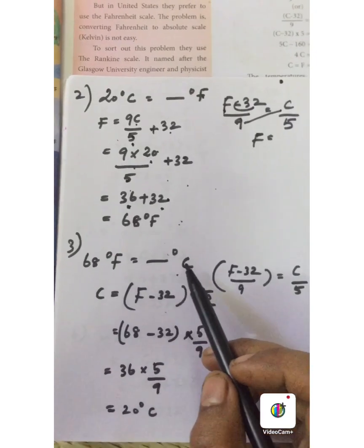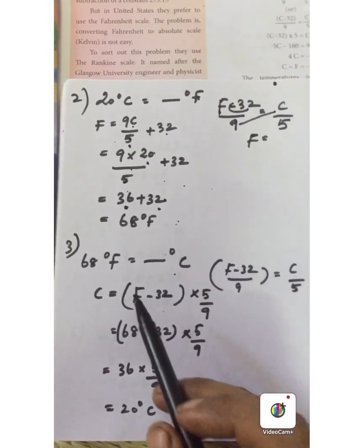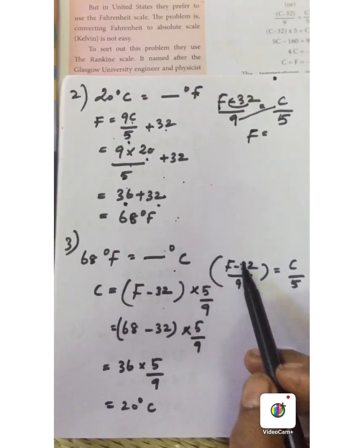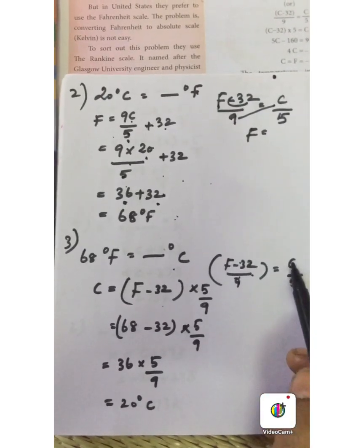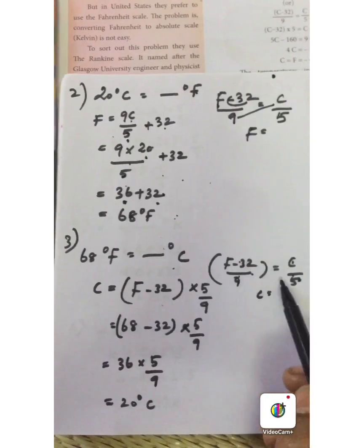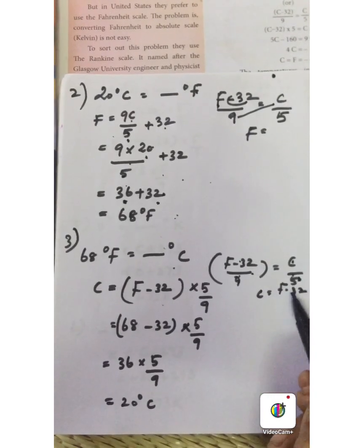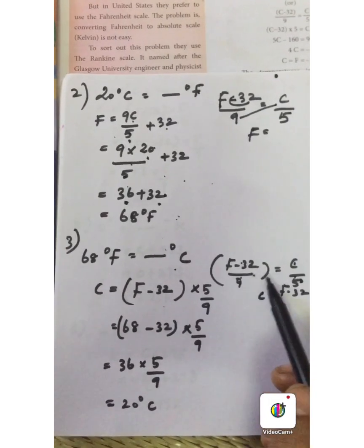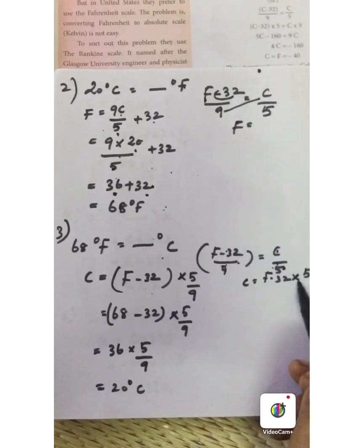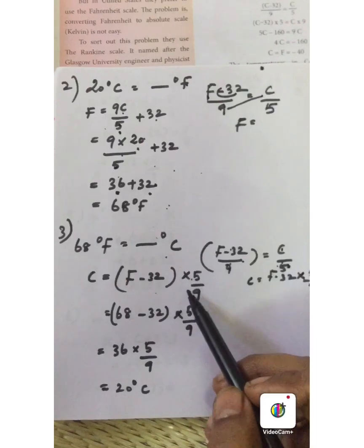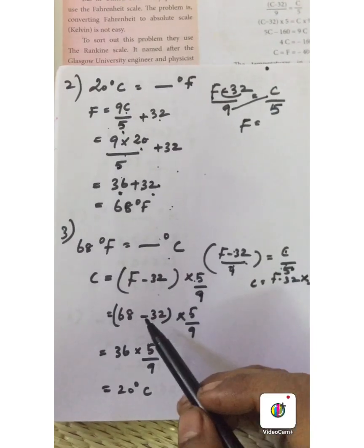Next, convert the 68 degrees Fahrenheit into Celsius. Use the formula (F minus 32) divided by 9 is equal to C by 5. Here we are going to find out the Celsius value. So C is equal to (F minus 32) into, when the division goes to that side, it is converted into multiplication, so into 5 divided by 9. So (F minus 32) into 5 by 9.